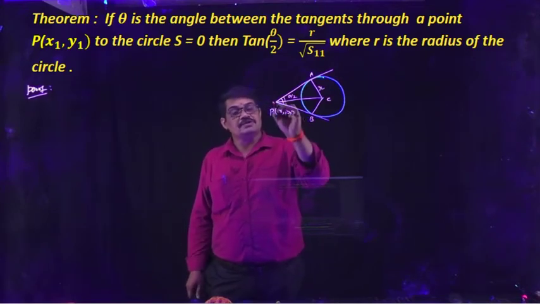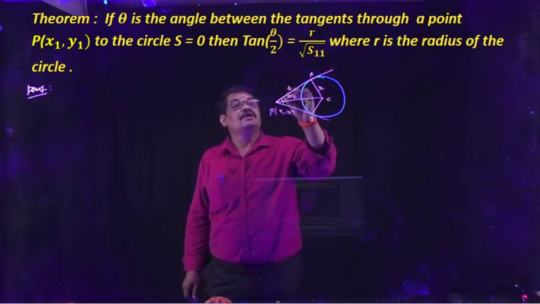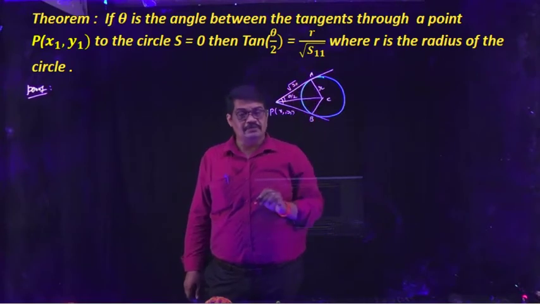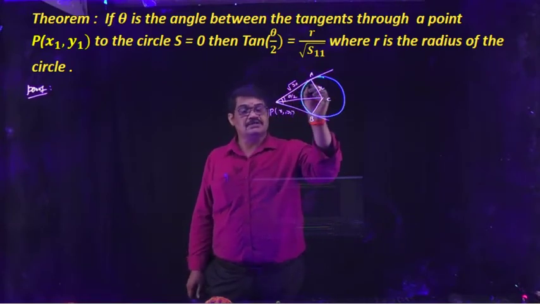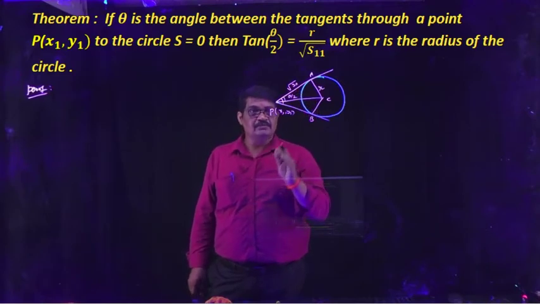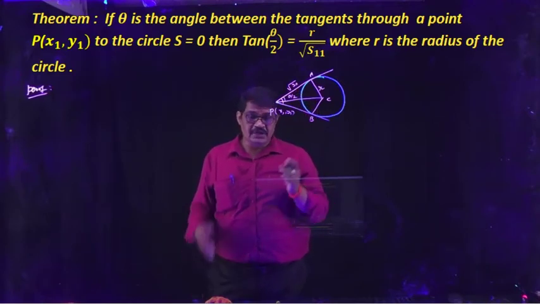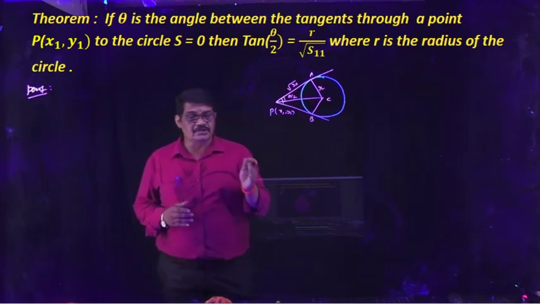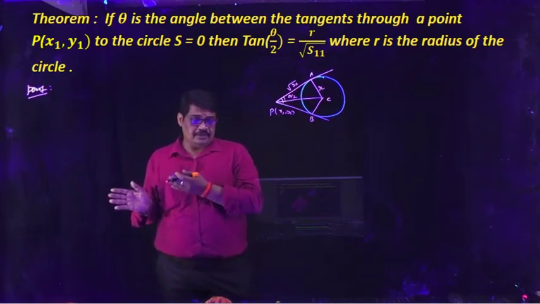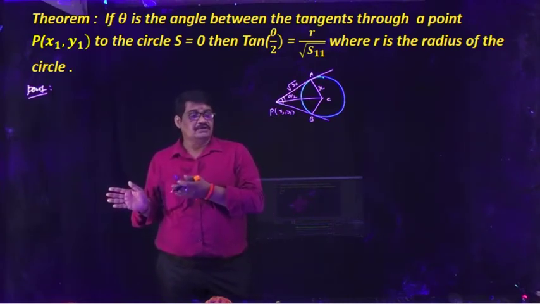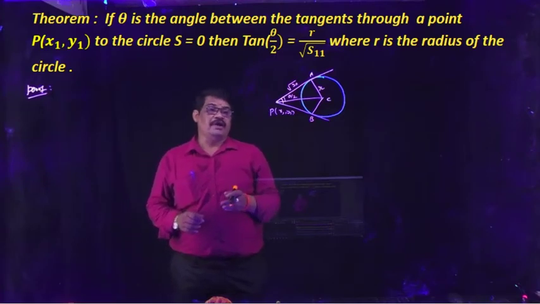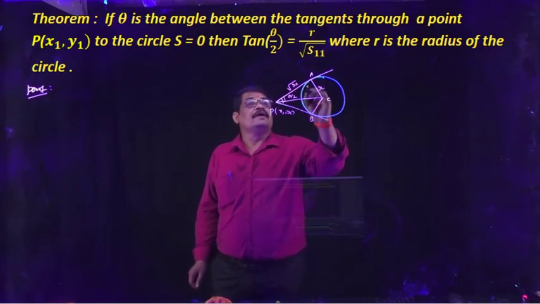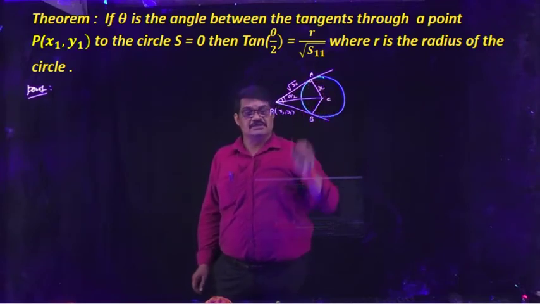And PA is the length of the tangent from P (x1, y1) to the circle. We already discussed in previous classes that the length of the tangent is root of S11. Now we have to find the angle theta from this diagram.